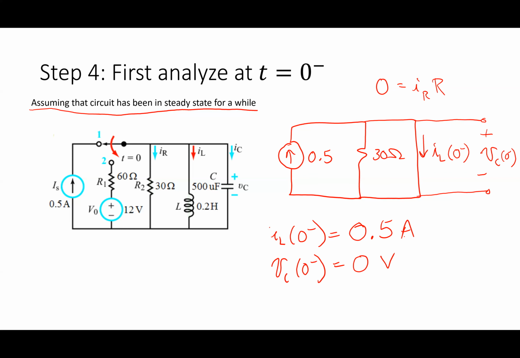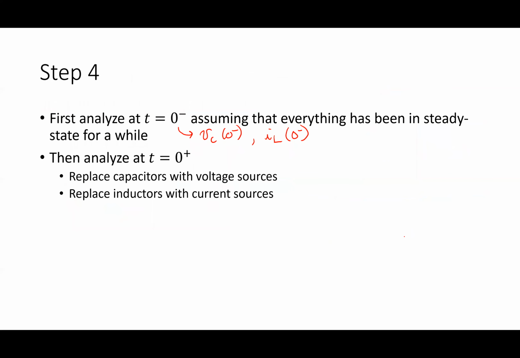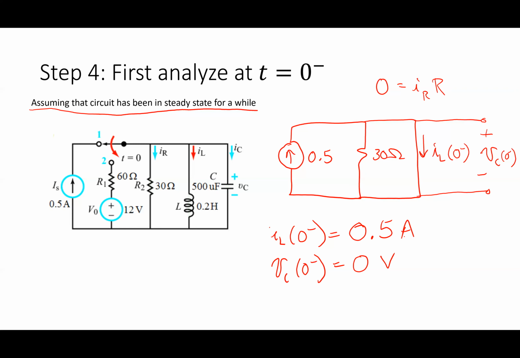Now we have to do that next part. I have to analyze at t equal to 0 plus. So at t equal to 0 plus, what do we know about IL and VC? IL is the same.